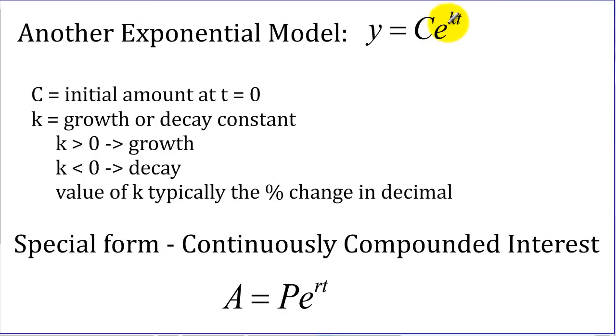The value of k typically is approximately the percent of change in decimal. So if we were growing by, say, 20%, then k would be 0.2. If we're decaying by 20%, then k would be negative 0.2. Now, if we use our business terms, P for principal being the initial amount, A for the amount, and r being the interest rate instead of k, we get what I call the PERT formula.